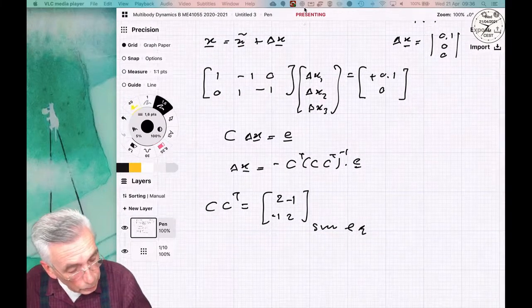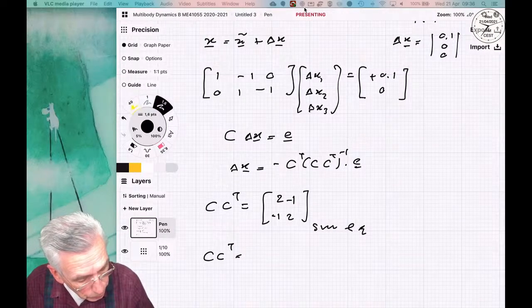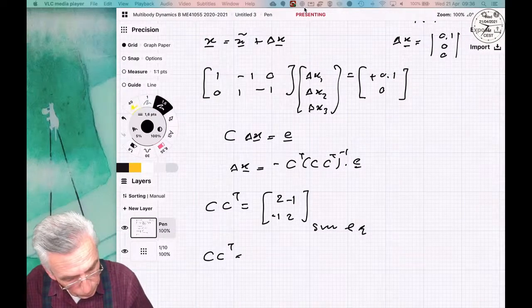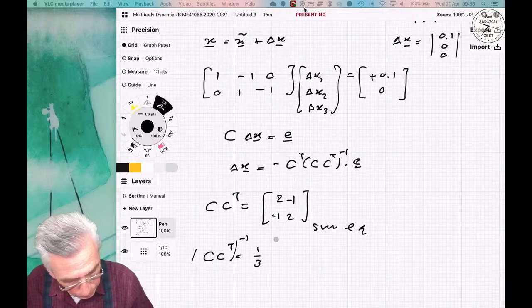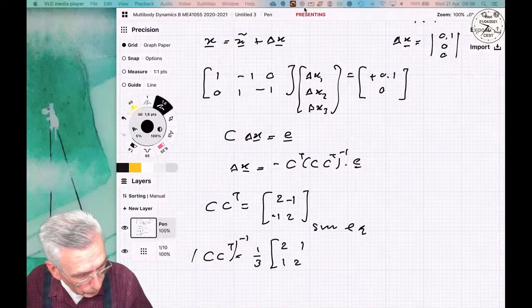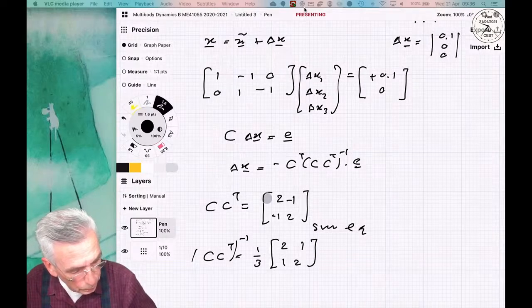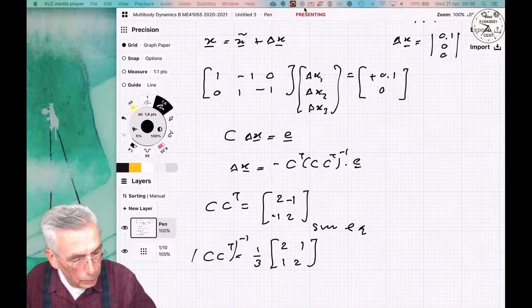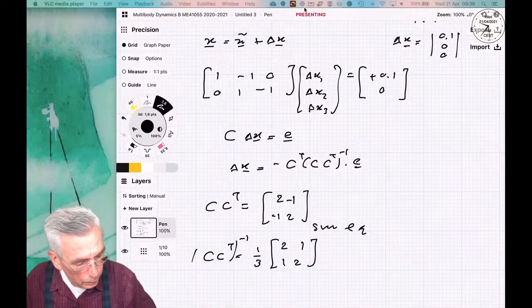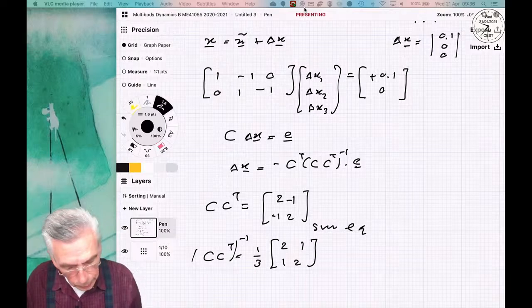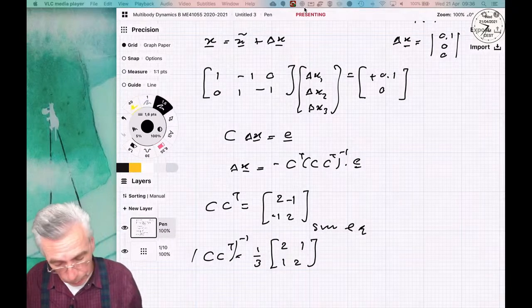Then we need the inverse of that guy, so C C transpose to the power minus 1. This is the answer, 2, 1, 1, 2. I agree, because the determinant is 2 times 2 is 4, minus 1 is 3, 1 over 3, and then the diagonal terms, and then a minus for the odd terms.